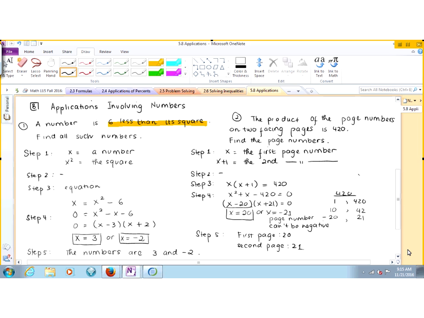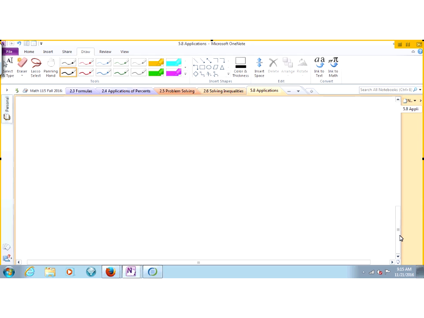So C. We talk about Pythagorean theorem, and then this is applications involving numbers, and the next one is geometric applications involving geometry.